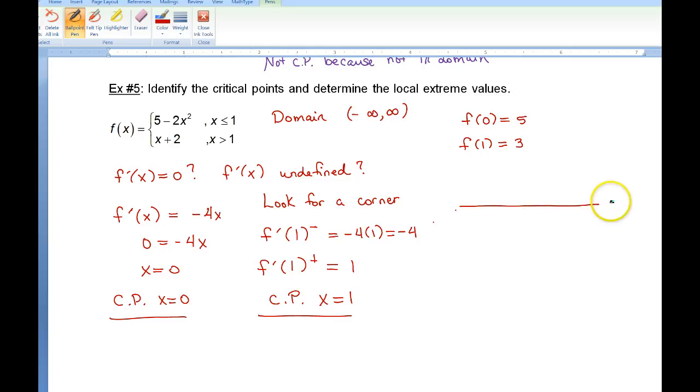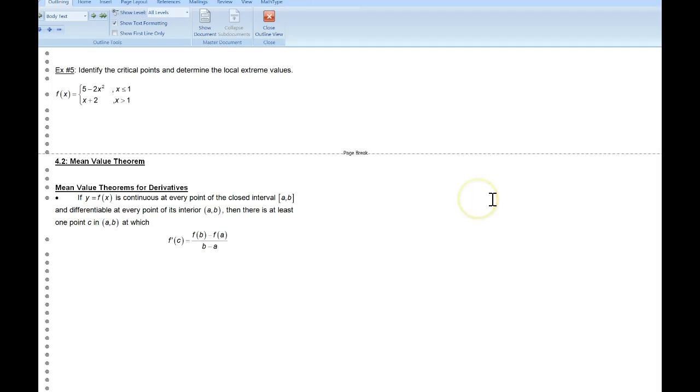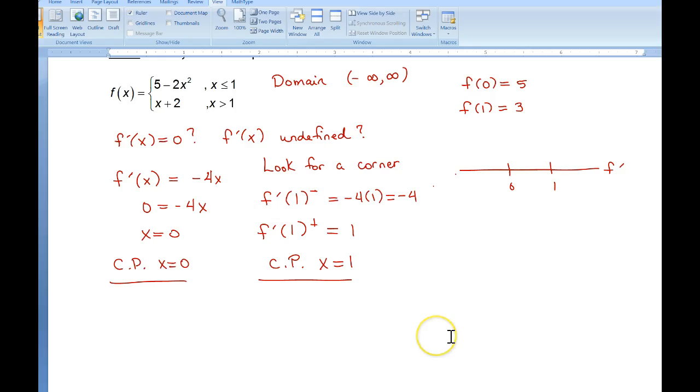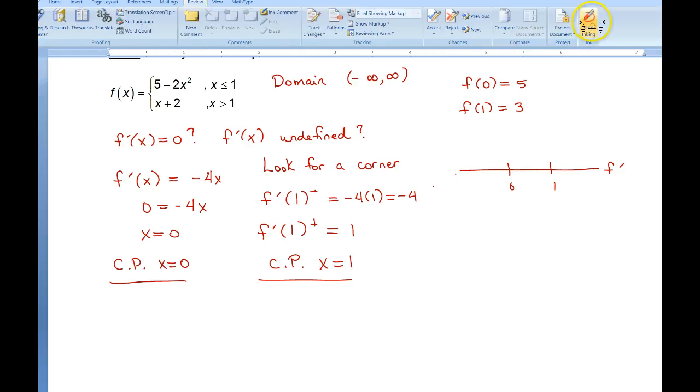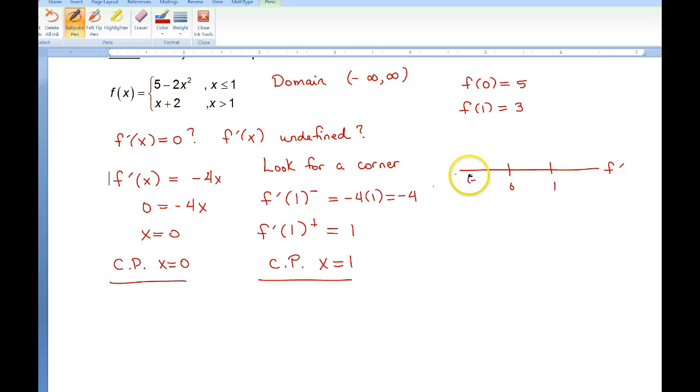So I'm just going to verify with a number line. So at 0 and at 1, I'm going to check to the left of 0, say negative 1. When I plug negative 1 into the derivative, I get positive.